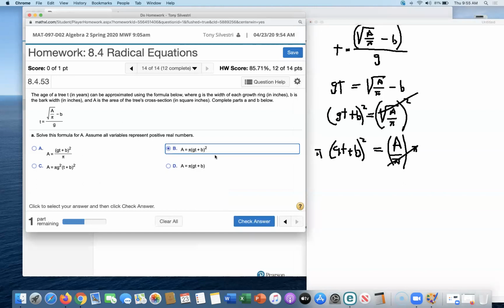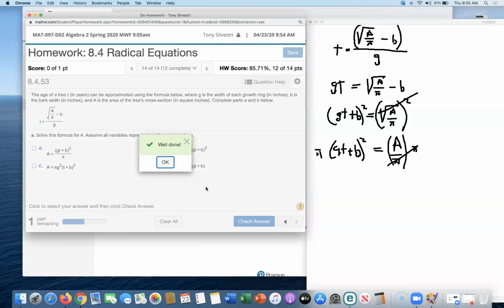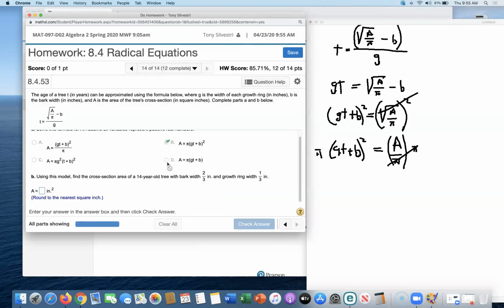And you think you're done. Check your answer. I hate when they do this. You think you're done, then you want to go home, and they sneak a problem up on you. So using this model, a fancy word for the equation, find the cross-sectional area.